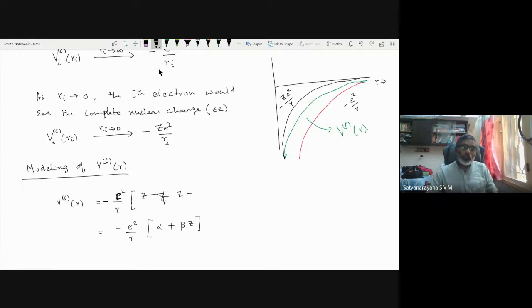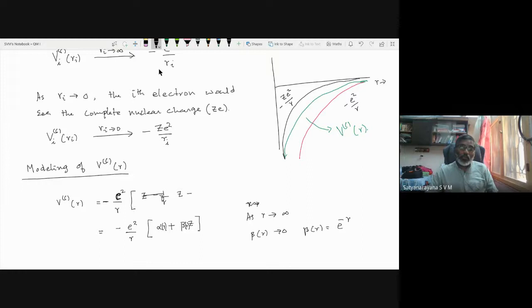Now this alpha and beta can in principle be functions of r. As r goes to infinity, I require beta of r to go to 0. One possibility is that beta of r is equal to e to the minus r, so that will do this job.